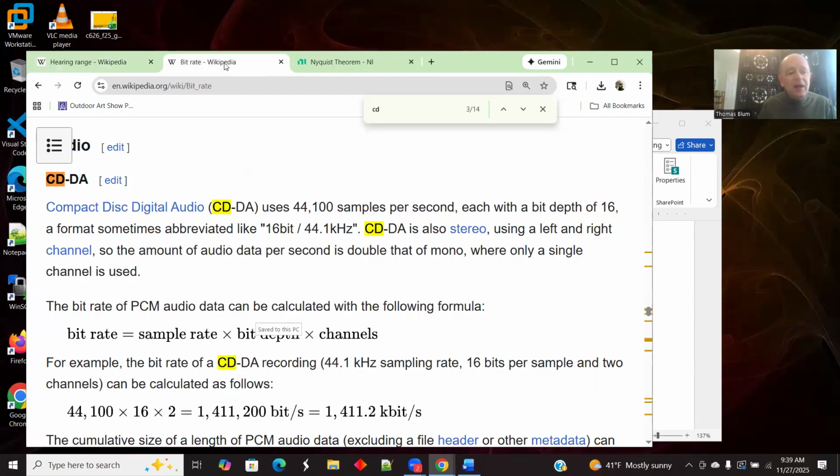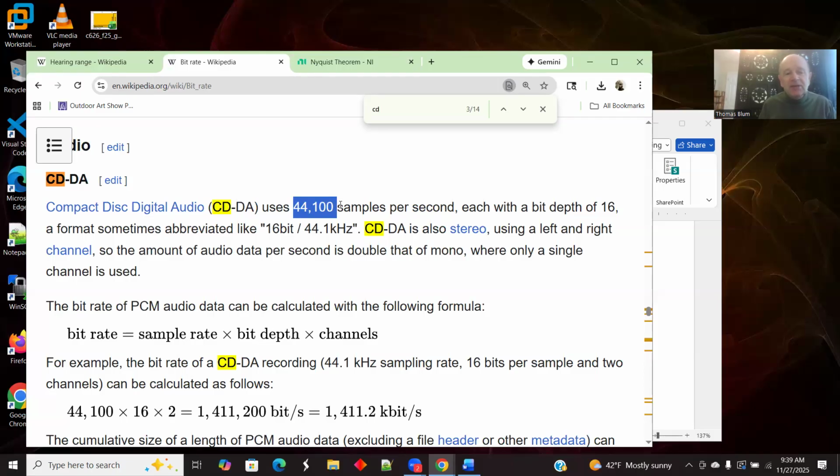Then CDDA, digital audio CDs, they sample at 44,100 samples per second. Each sample is 2 bytes or 16 bits, and they recorded from 2 different positions to be in stereo.